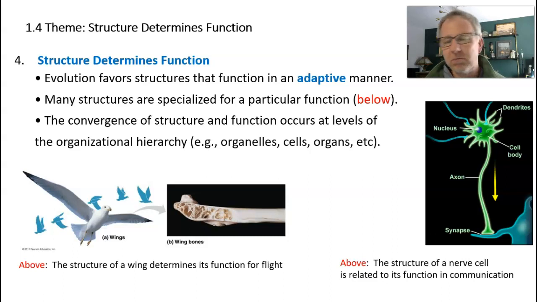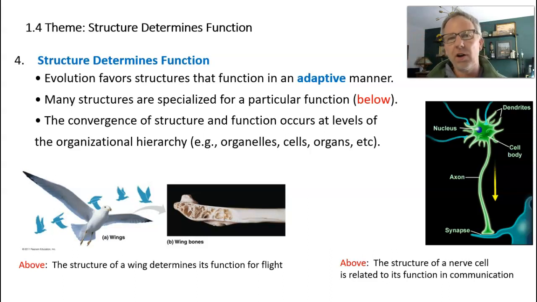You open up your silverware drawer, you might have a spoon, a knife, a fork in there. Each one of them has a different structure, and that determines how they work, their function. So knife, cutting; spoon, scooping; fork, stabbing. Structure determines function.